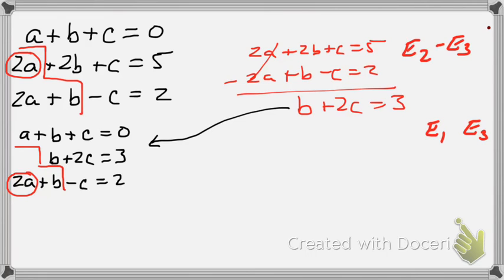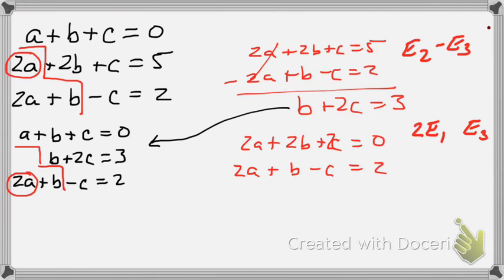So to get the a coefficients to be the same, I am going to have to multiply equation 1 by 2 and not touch the third equation. So my plan is to multiply equation 1 by 2 and subtract equation 3.